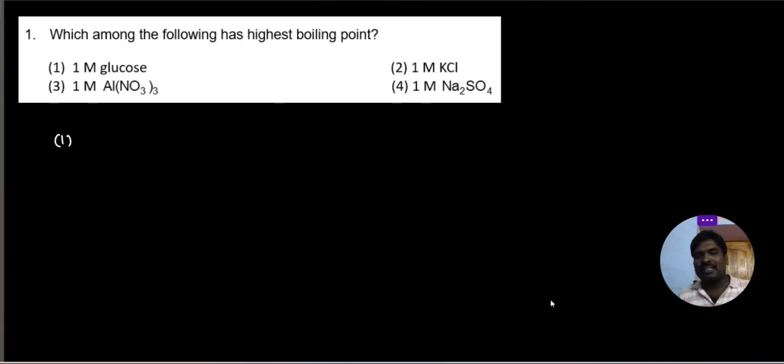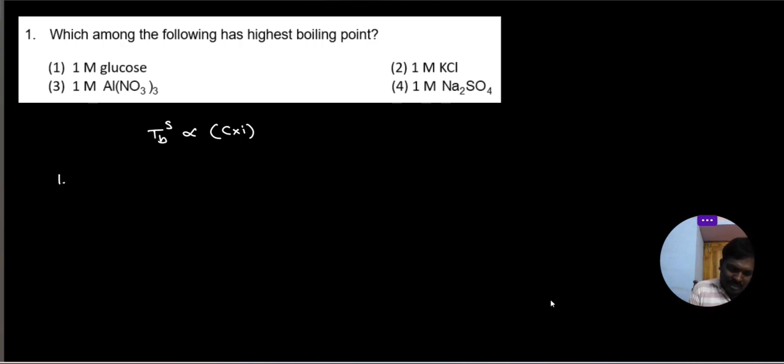Here you can assume concentration, molality, is equal to molarity. The boiling point of the solution is directly proportional to C into i. You are asking the highest boiling point of the solution.